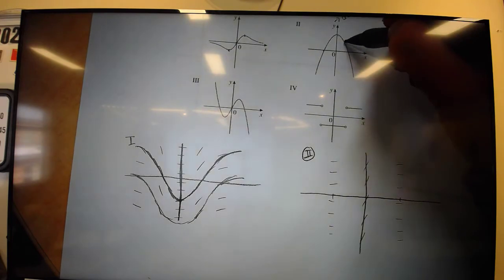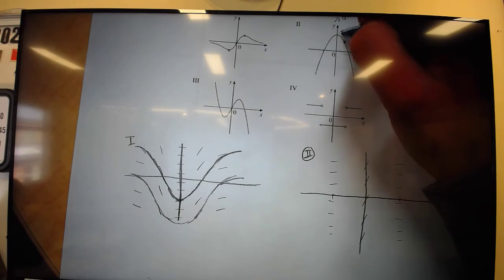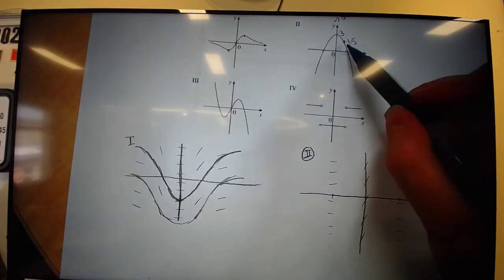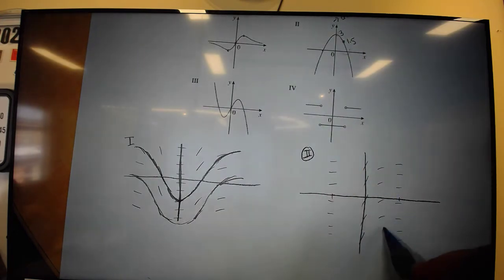In between those, notice how I've got a positive value, and again, I'm not looking at the slope of this graph, I'm looking at the actual value. This could be a 3, this could be a 1.5. A 3 is a nice steep slope, a 1.5 is still positive, but more of a mellow positive slope.